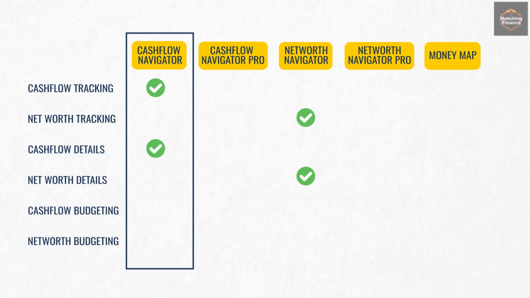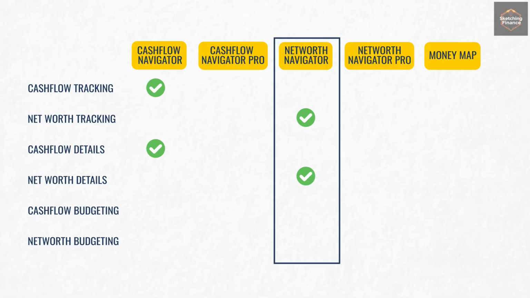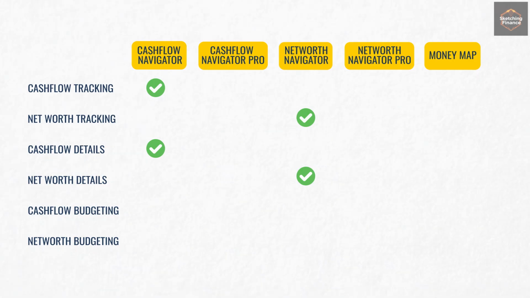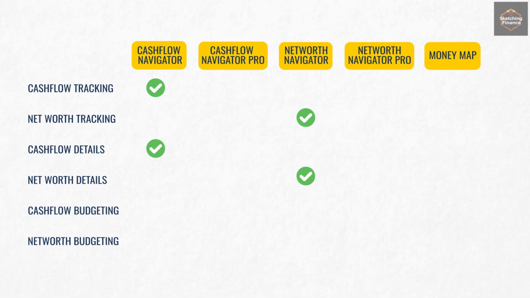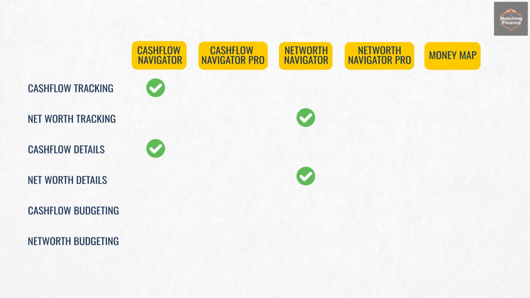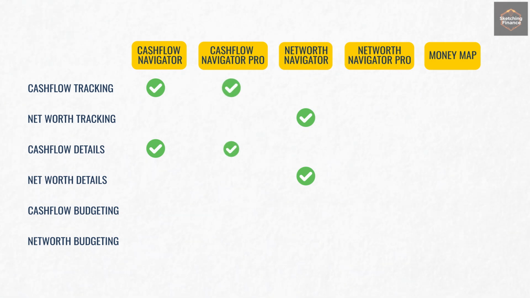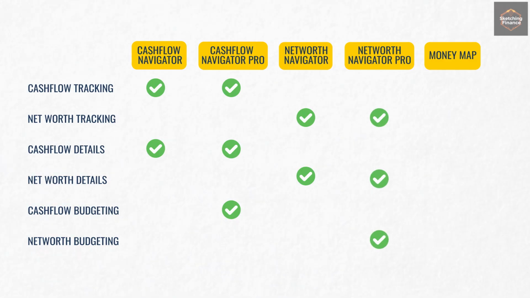If you want to zoom in on what you own and what you owe, the Net Worth Navigator is your lens for assets and debts. For both the cash flow and net worth sides, we offer a simple and a pro version. The simple versions are simply trackers. Enter your transactions or balances and analyze. The pro versions give you all functionalities of the simple version, plus the ability to plan your budget.